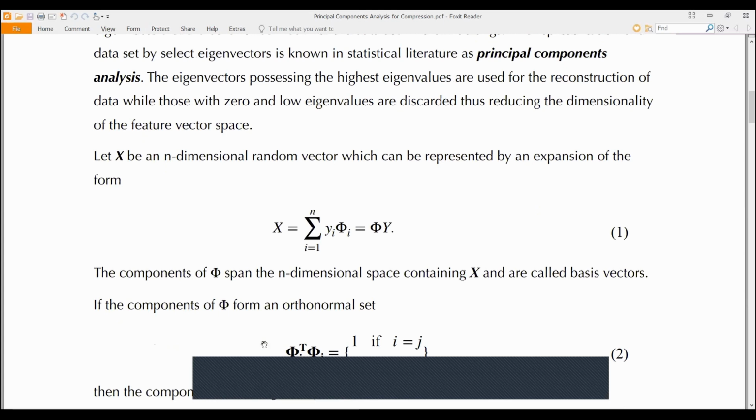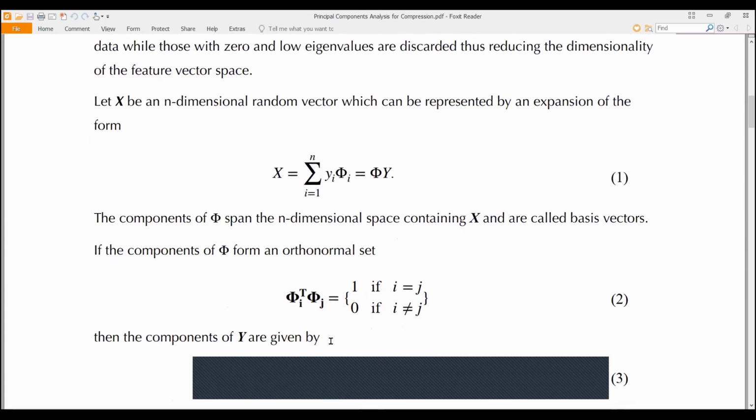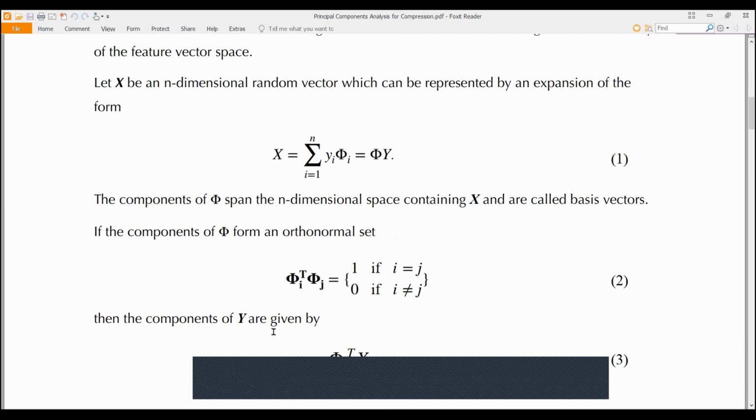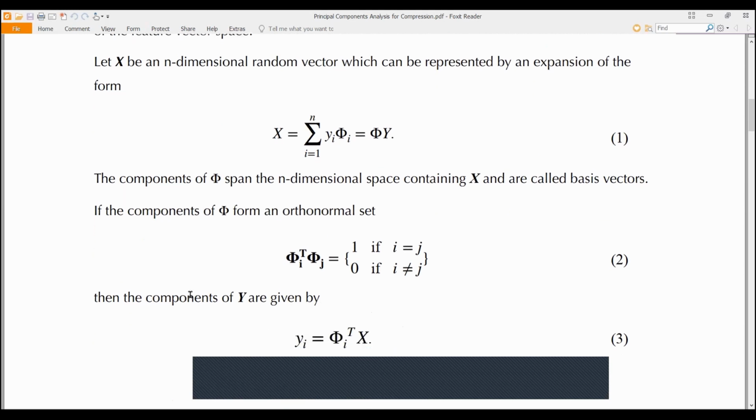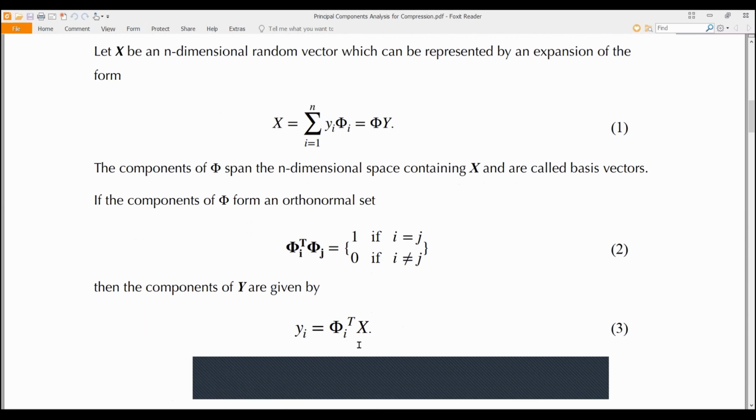Okay. If the components of phi form an orthonormal set, then if i and j are not equal, the dot product is 0. Otherwise, their dot product is 1. Then the components of y are given by yi is equal to phi sub i transpose times x.